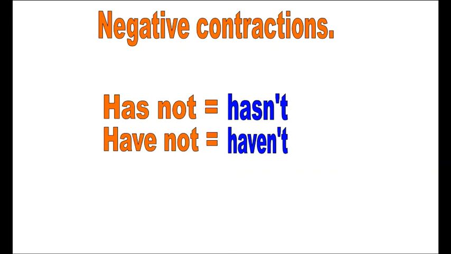For the not, you write n, take away the o and replace it by an apostrophe and t. Have not: you write have, write n, which is in the not, take away the o and replace it by an apostrophe, then t. So has not is hasn't, have not is haven't.